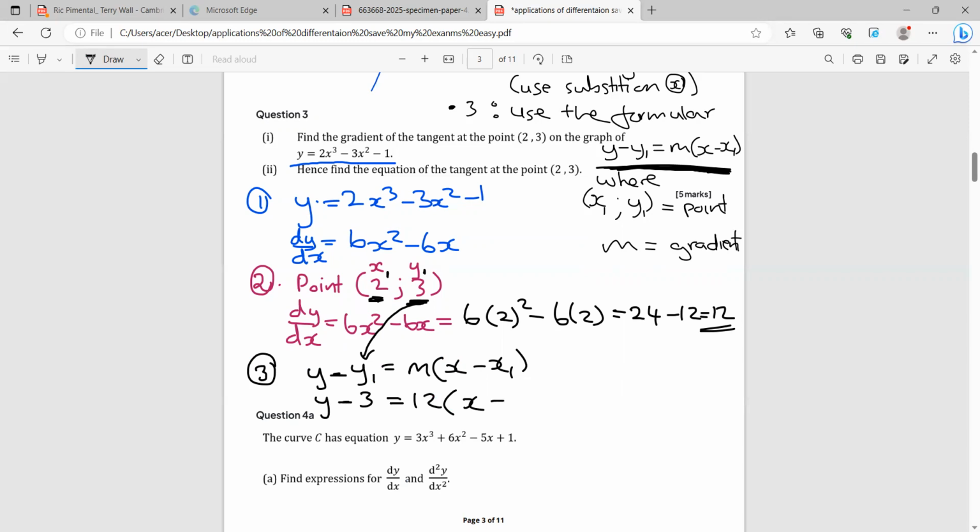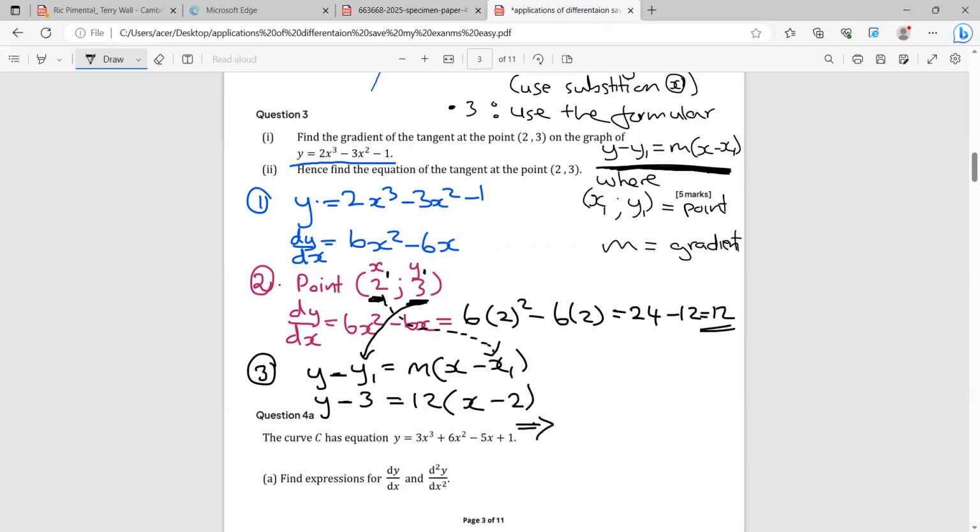Times x minus our x1, which is the x from the given point, so our x1 is 2. And this is how you find the equation of your tangent. All you need to do now is to make it a little bit nicer.